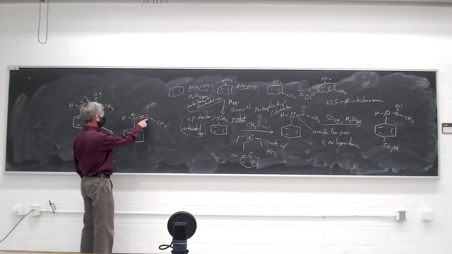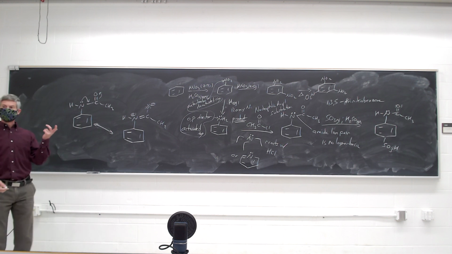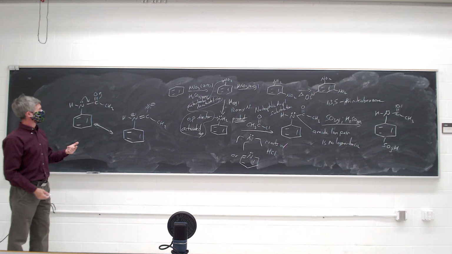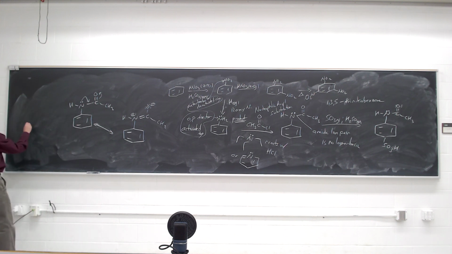And you know that this carbon-nitrogen double bond is enough of a contributor that it causes your carbon-nitrogen bond not to have free rotation. You saw that in the morpholine lab, where your enamine had free rotation, but your amide did not.